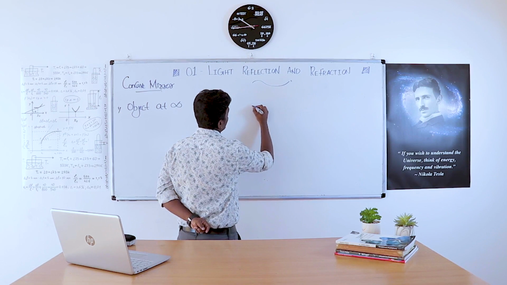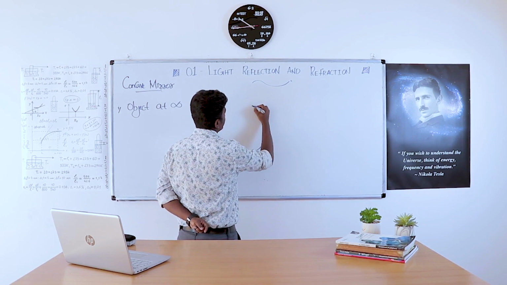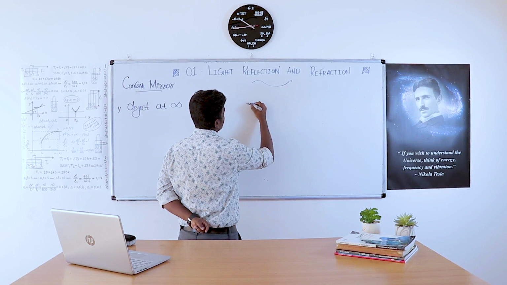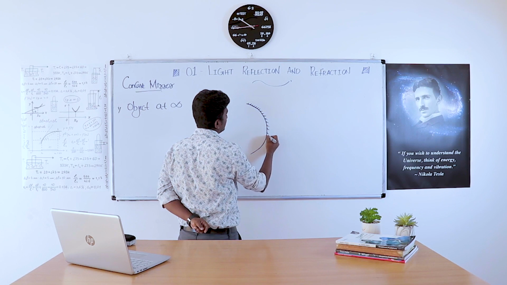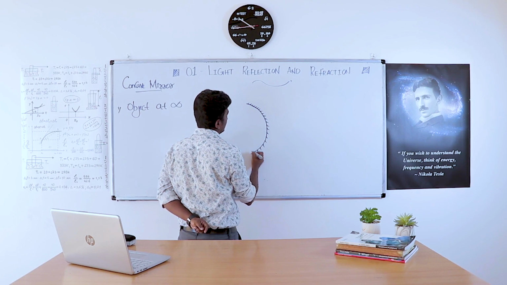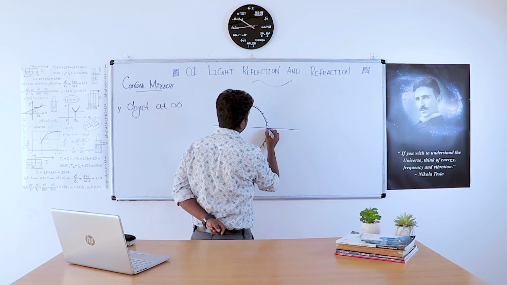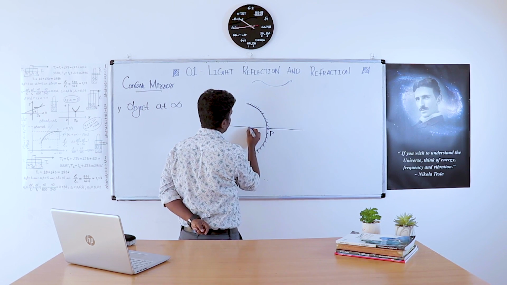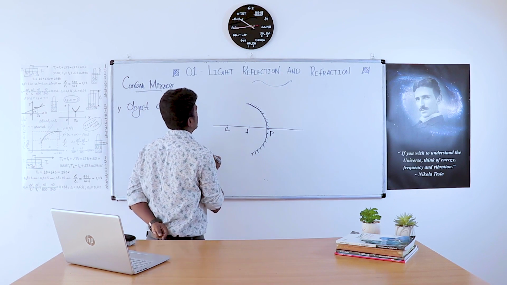So I am drawing a concave mirror. This is the concave mirror. I am drawing the principal axis, marking pole, focus, center of curvature.